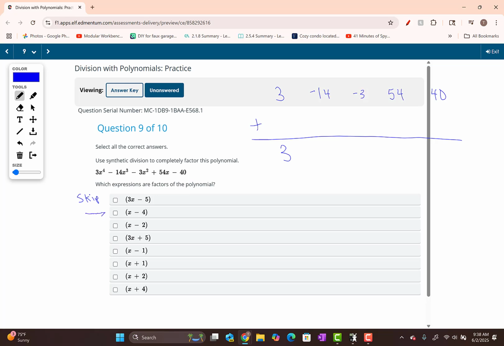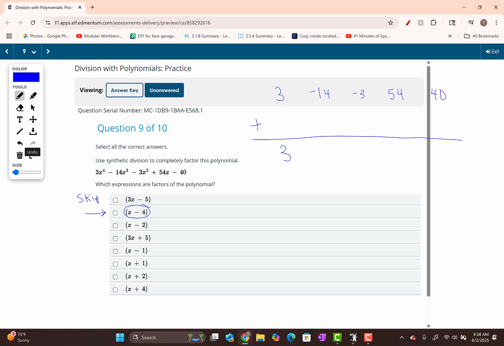And let's say this is the expression we want to check to see if it's a factor of the polynomial. So to do that, we're going to take x minus 4. We're going to take the root of x minus 4, which is positive 4, because if we substituted 4 for x, 4 minus 4 is 0.